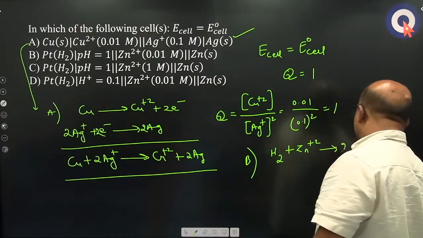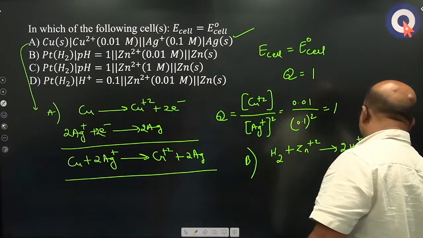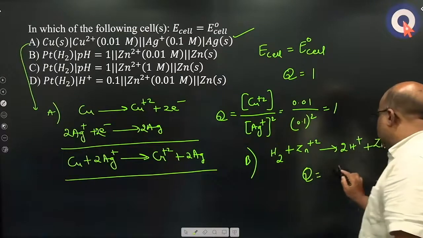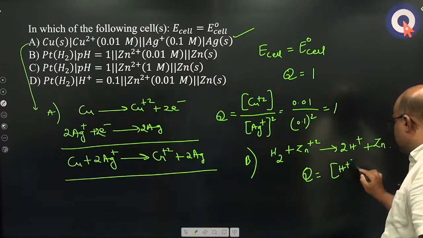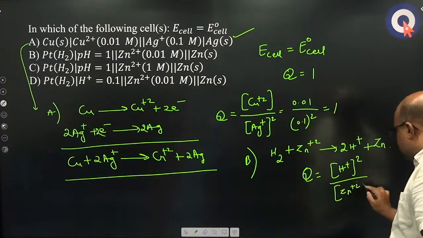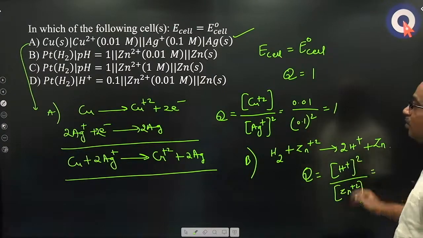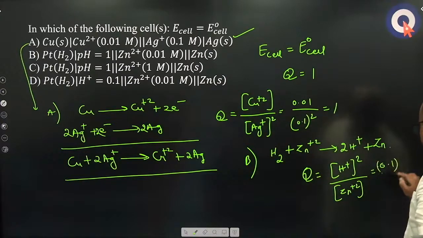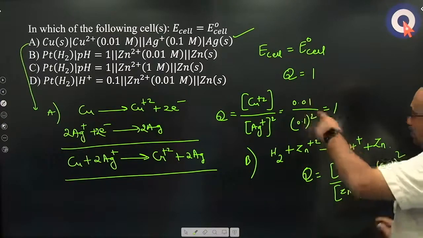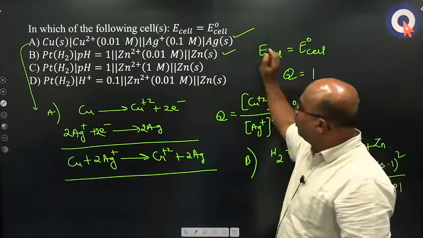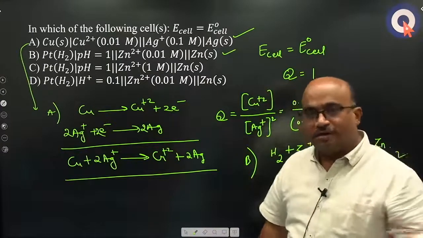So the reaction quotient is H plus concentration whole square by Zn plus 2 concentration. H plus concentration is 0.1, so 0.1 whole square by zinc concentration 0.01, which is also 1. So this is also where E cell becomes E naught of the cell.